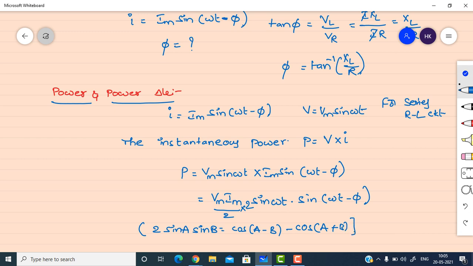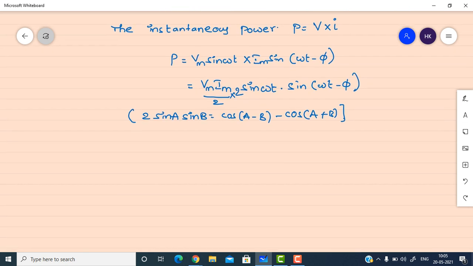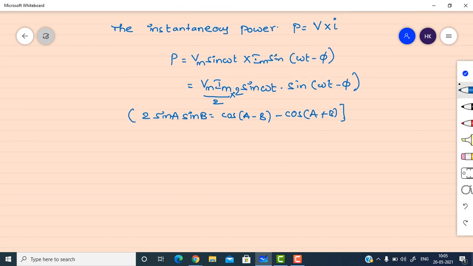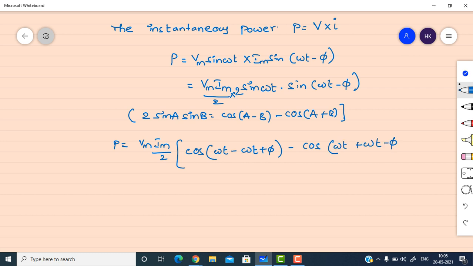I will substitute this one. p is equal to Vm Im by 2. In place of 2 sin A sin B, I am substituting this equation: cos(A − B), that is ωt − (ωt − φ), minus cos(A + B), that is ωt + ωt − φ.